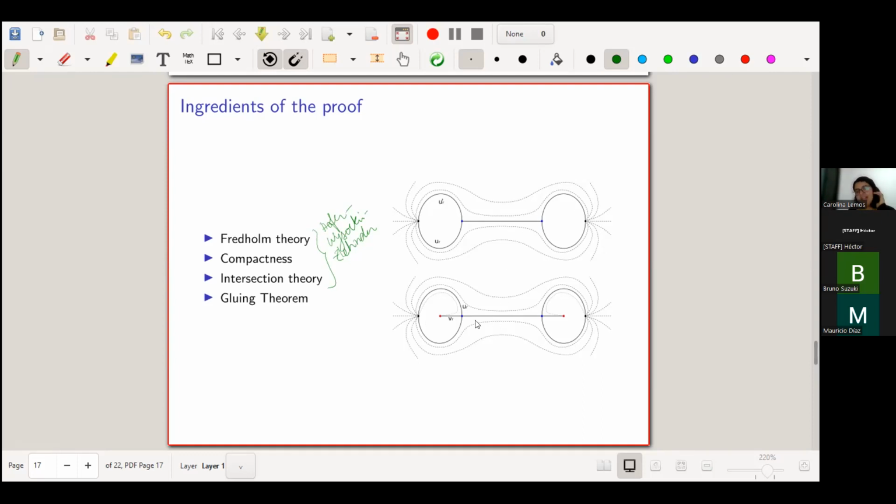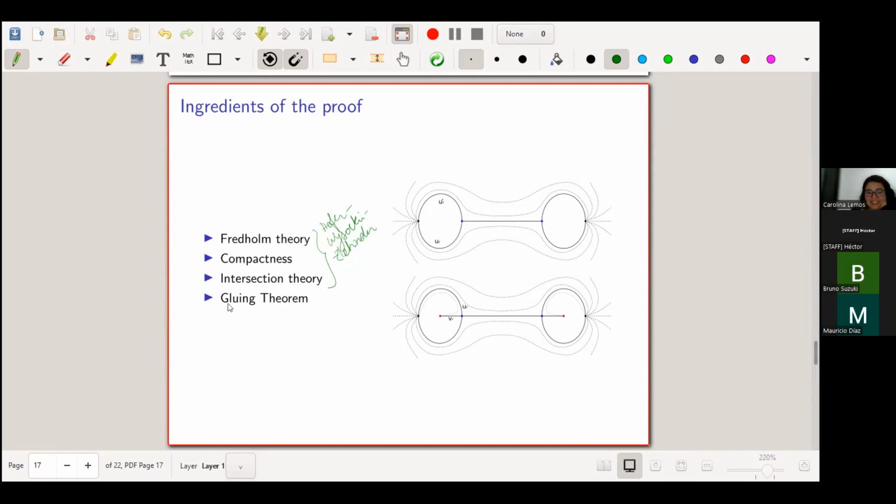And also this guy, this cylinder, will come from compactness, but it's a little more complicated because we are considering another kind of almost complex structure. But basically, with compactness, we can show the existence of this guy. And in this region here, we also use a theorem called the gluing theorem.